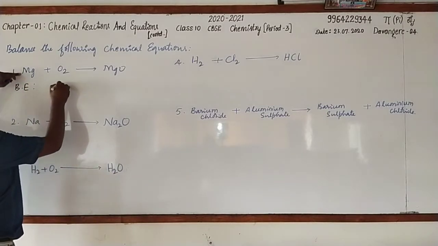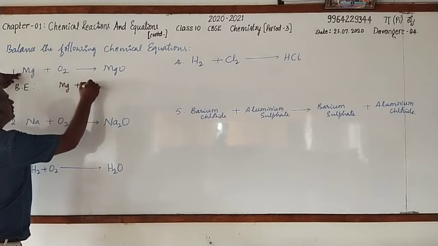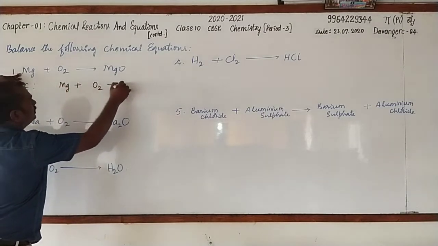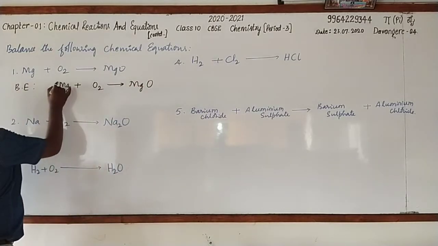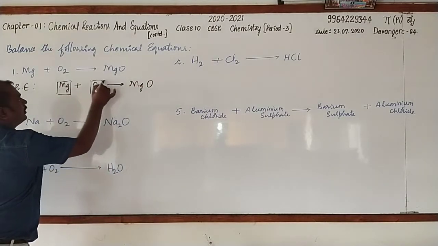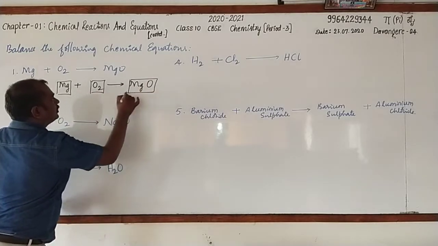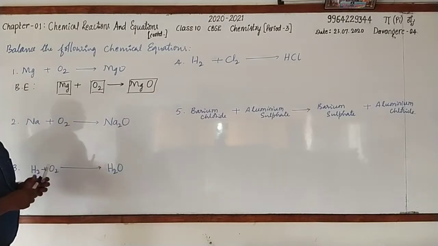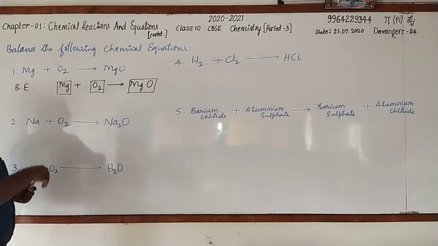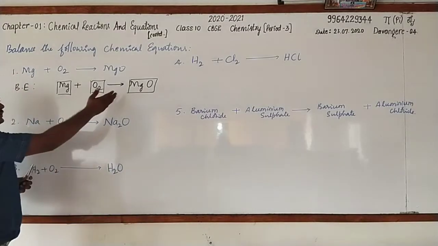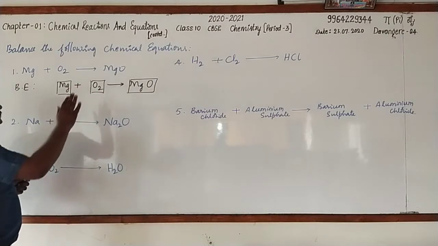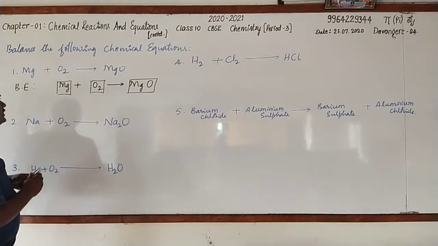Here I'll write Mg plus O2 gives rise to MgO. Look here. Here we are not going to follow the actual steps we followed in the hit and trial method. These are simple equations, hence let us balance them in the easiest way.